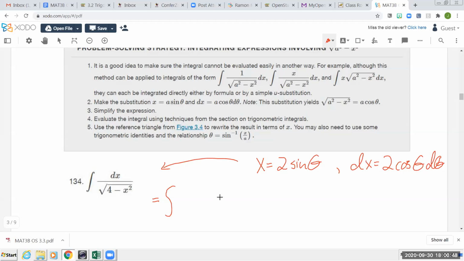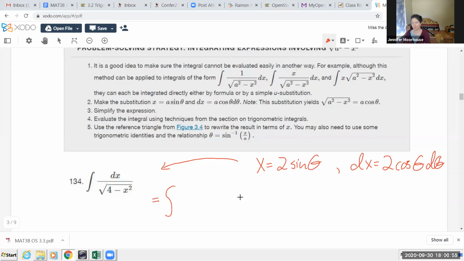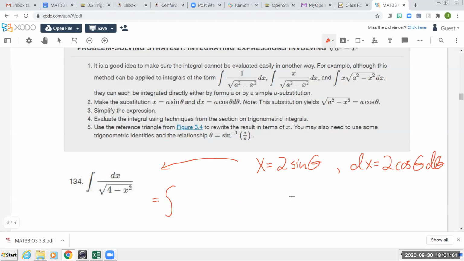Okay. How about you, Ramon? Did you substitute in? Well, yes, but is it perfectly fine to move the dx? Or no, I can't move the dx, can I?